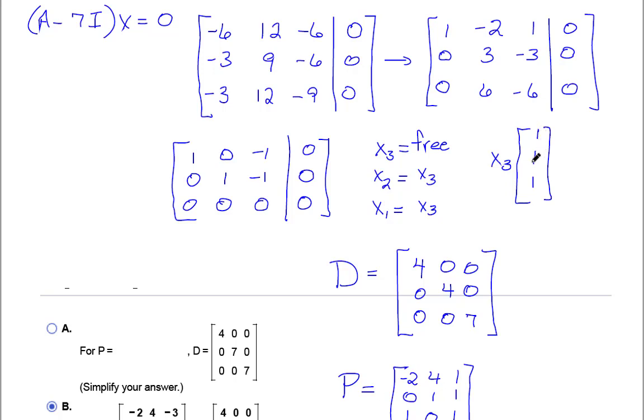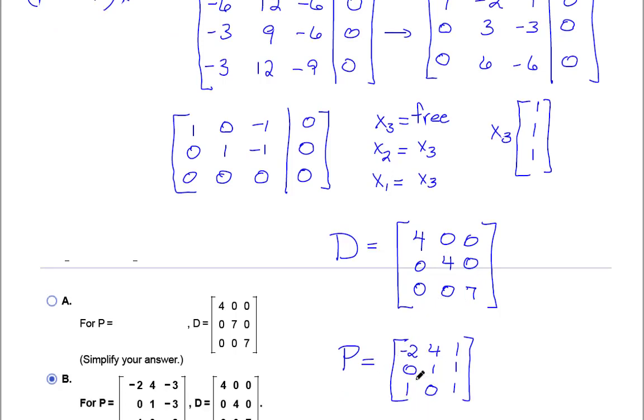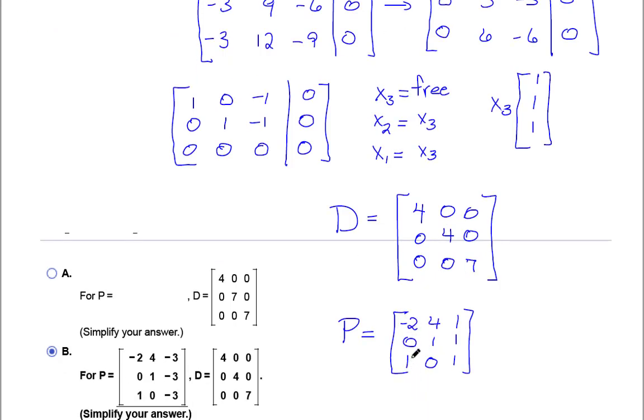And so we get our last column vector for that eigenvalue. And so D has the eigenvalues 4, 4, and 7. And P then is minus 2, 0, 1, 4, 1, 0, and 1, 1, 1.